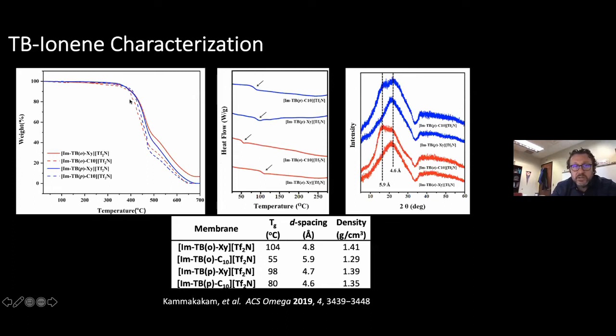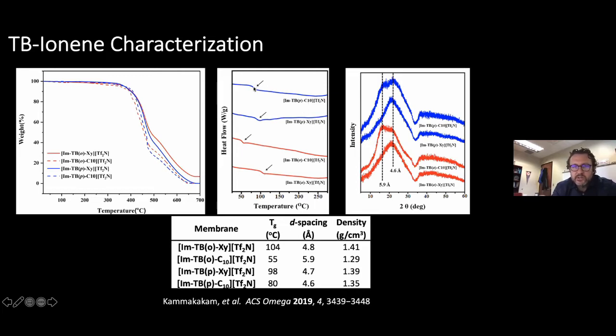Here we saw really nice thermal stabilities of all these materials. Even slightly above 400°C, we don't see any real degradation. Probably what happens first when it does degrade is that it's the TF2N anion that is degrading, and then the rest of the polymer. So you see a sharp decrease, which we think is the TF2N decomposing, and then the polymer backbone decomposes a bit more slowly. Also, we saw the influence of structure on glass transition temperature.